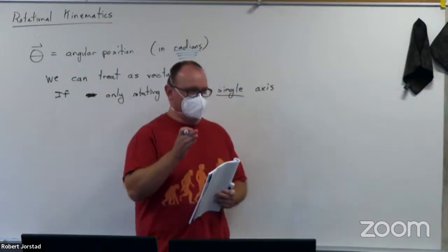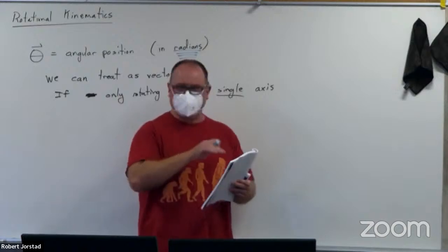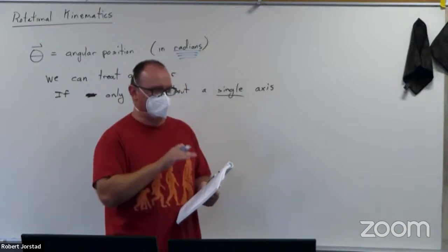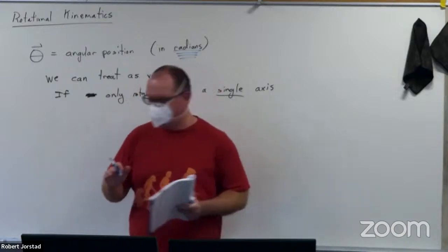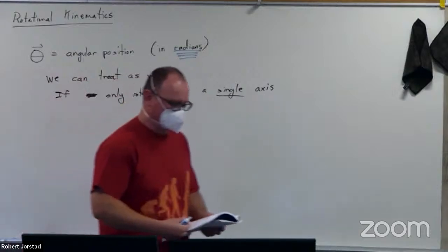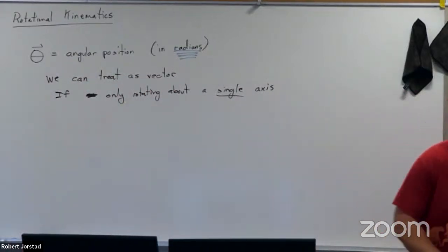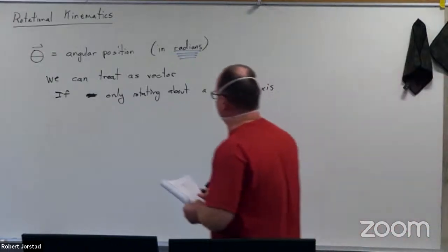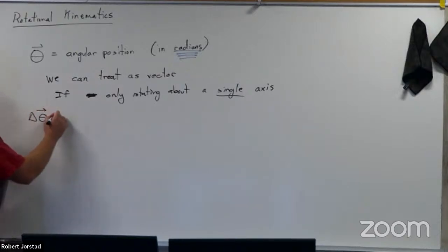So you have to be very diligent about constantly checking your calculator, what mode you're in, and be thinking about degrees and radians all the time for the rest of your life. Good? Okay. Now, if we assume that theta is a vector for this one axis of rotation type problem, then the rest of everything follows.